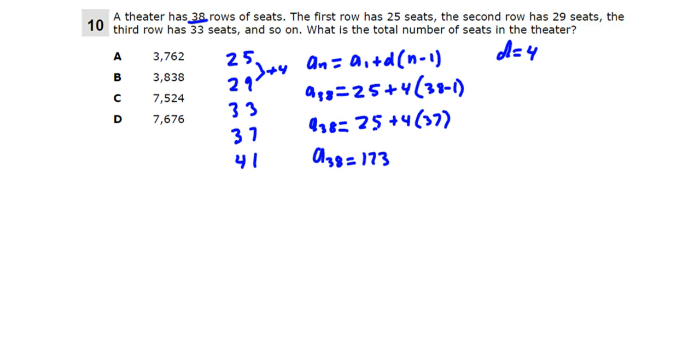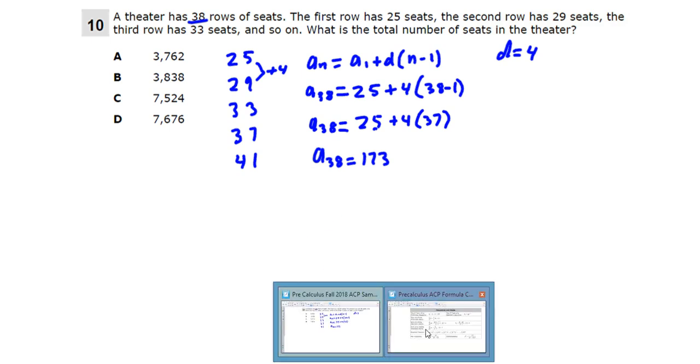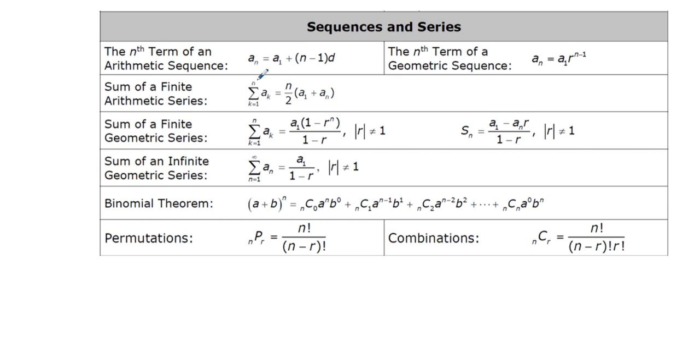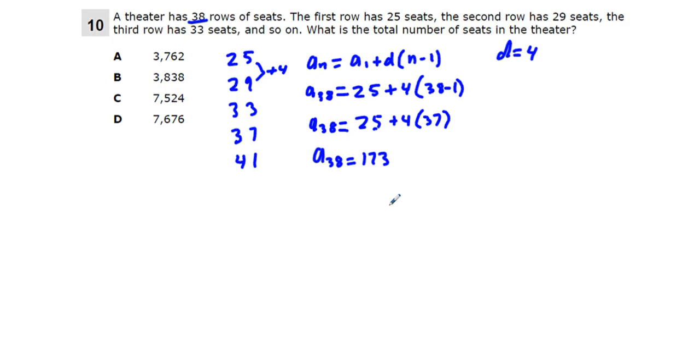Next, if we look at this formula here, we have this summation, which is going to be this one I'm circling right here. So I'm just going to make the little symbol, equals n over 2 times a sub 1 plus a sub n.